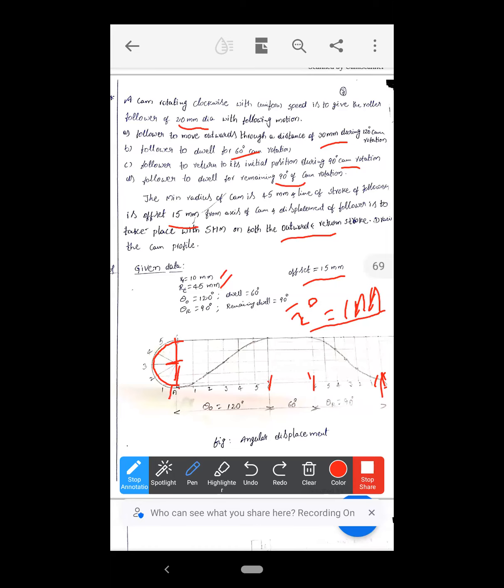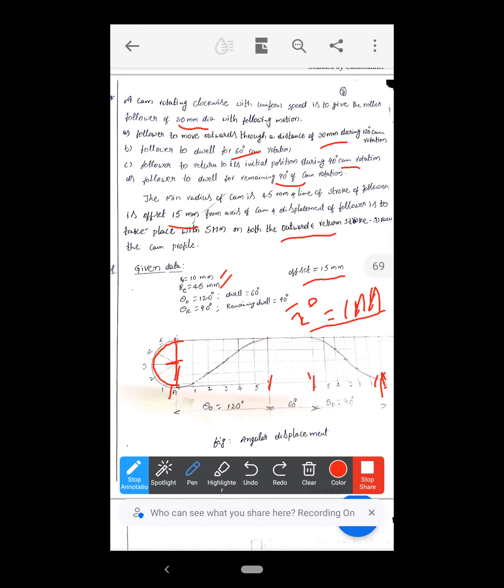Divide that portion. The return stroke is 45 mm, and 45 by 6 is about 7.5 mm. Divide the return stroke also.